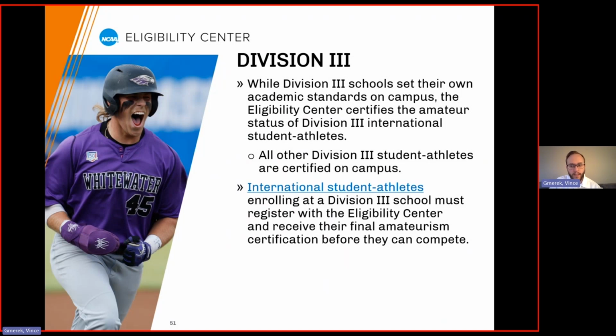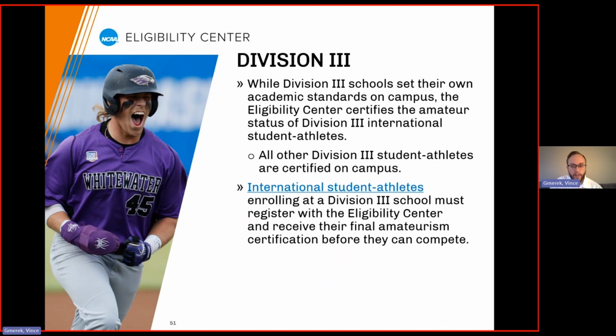So what that means is that students wishing to only attend school at Division III would not need academic certifications through the Eligibility Center. However, as of fall 2023, all international students wishing to compete for Division III schools must register with the Eligibility Center and receive a final amateurism certification prior to being eligible for competition at the Division III school.